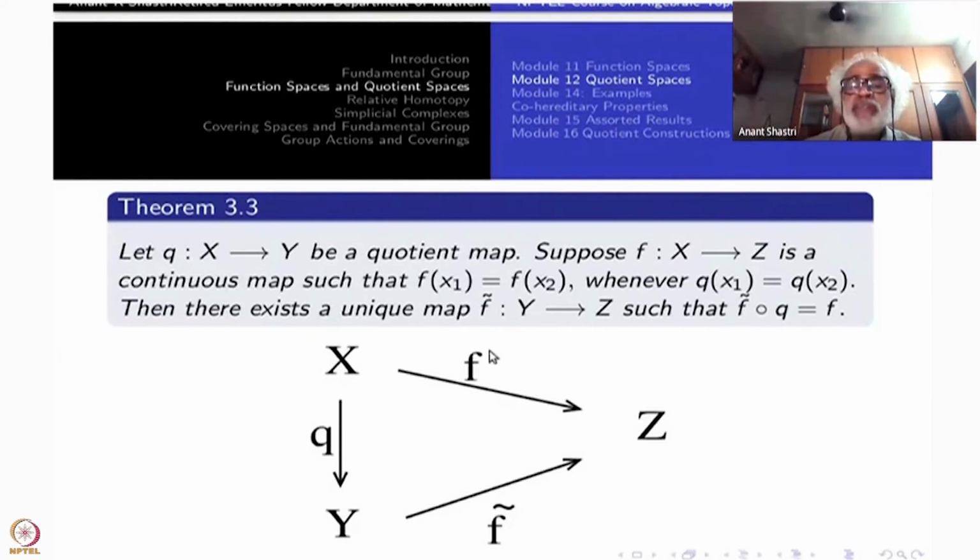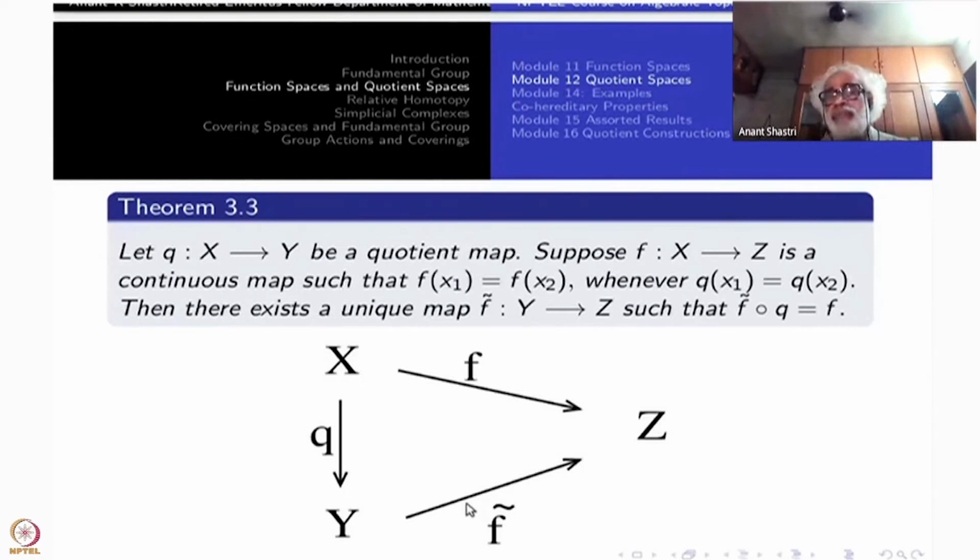It's the same thing as saying that whenever Q takes two points of X to the same point here, F must take those two points to the same point here. F of x1 equals F of x2 whenever Q of x1 equals Q of x2. Then you get a function like this.